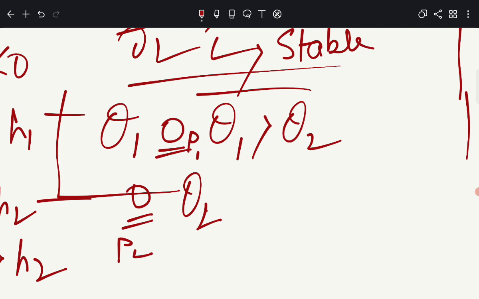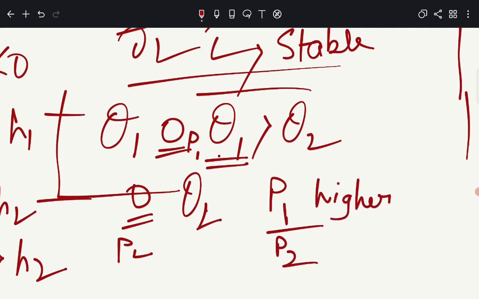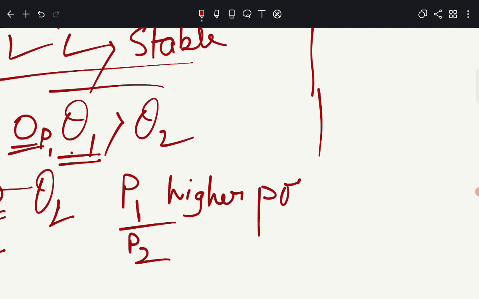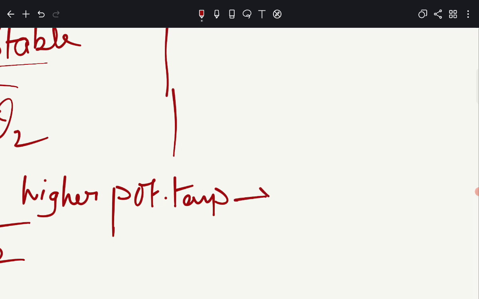P1 has a higher temperature than P2, so it will be less dense, and from the point of view of buoyancy, P1 should be above P2, right? Because higher potential temperature, which is an easier way to understand this, makes it less dense.